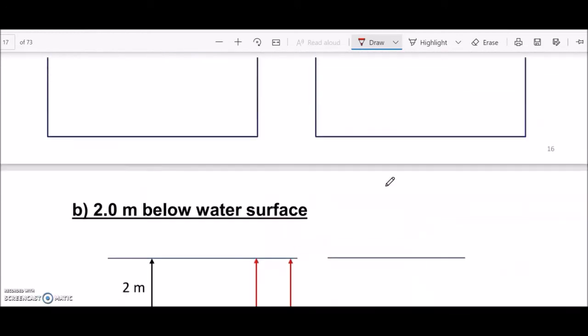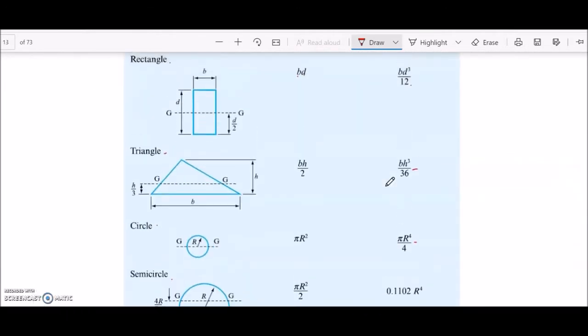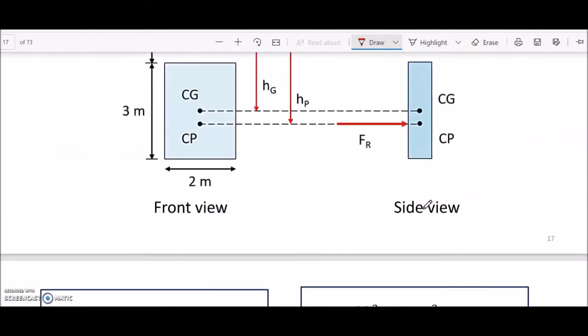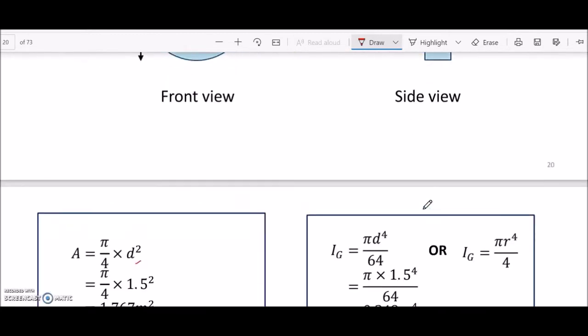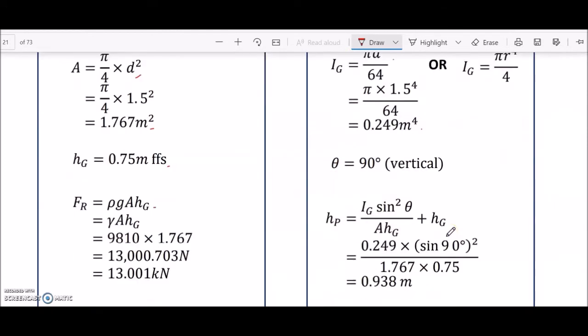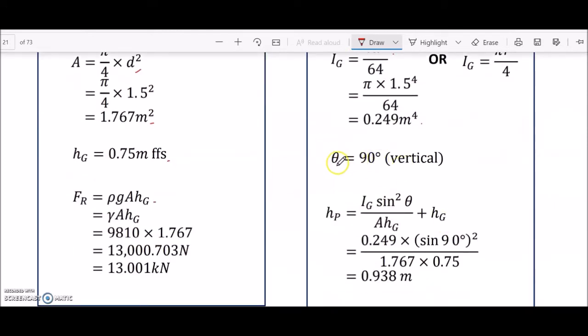You can obtain it from this table: pi r to the power 4 over 4. So you just put it into this formula, and then you get your Ig, and by using theta, that is 90 degrees, you put it into this formula, so you get 0.93 meter.